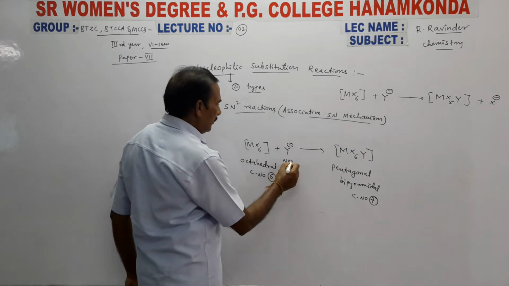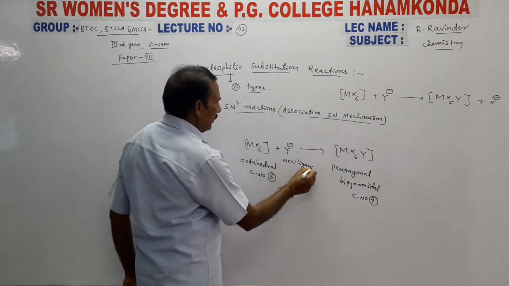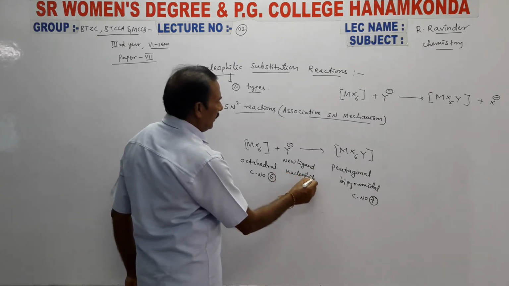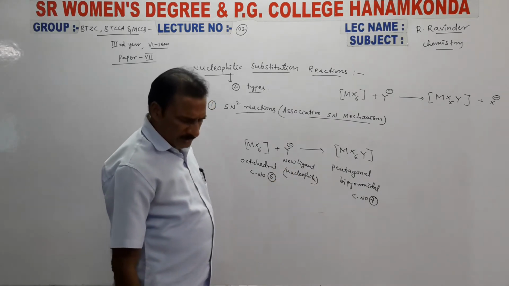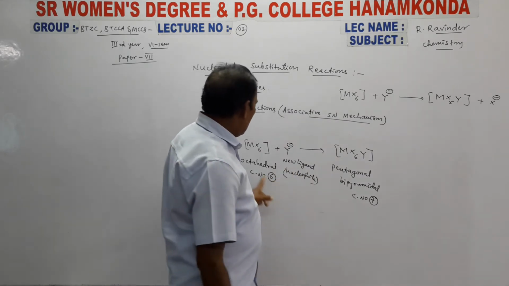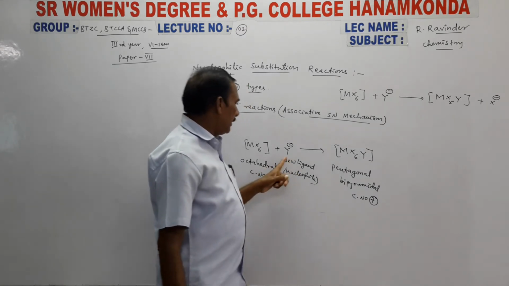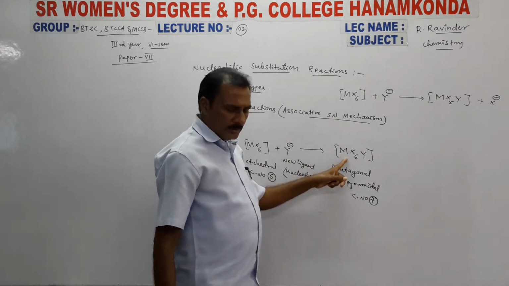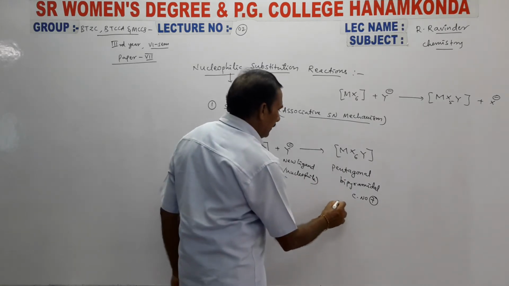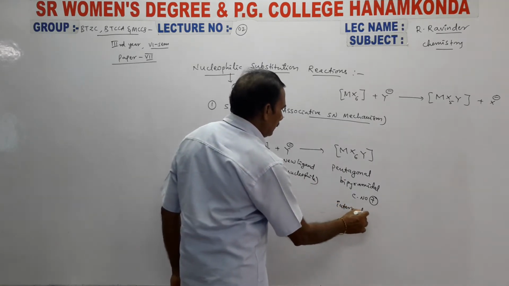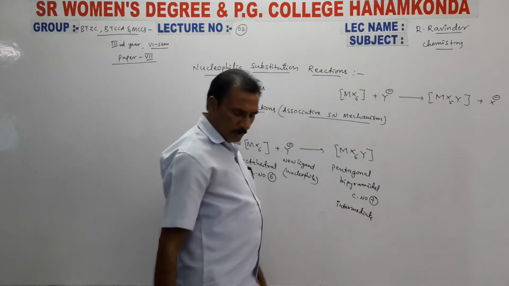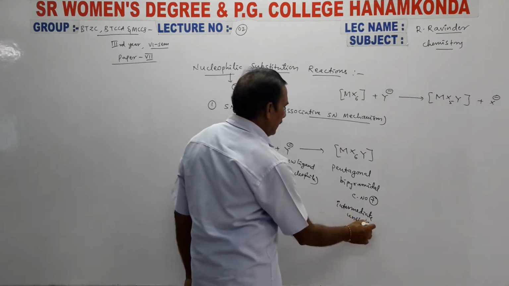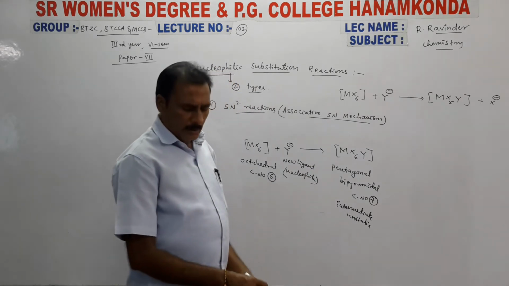The octahedral complex is stable. If the new ligand adds to the octahedral complex to form an intermediate compound, it is an unstable intermediate complex. This is the slow step of the reaction.